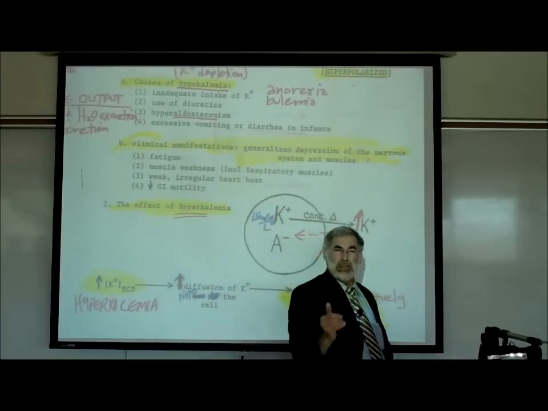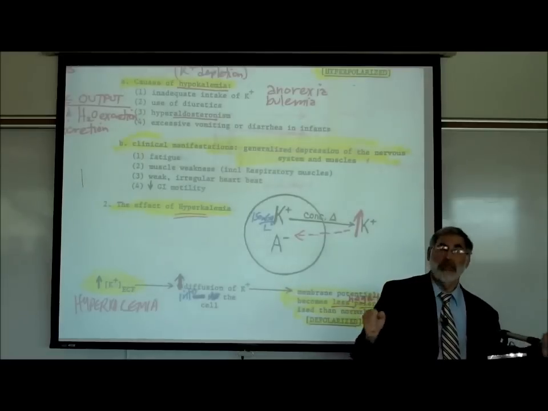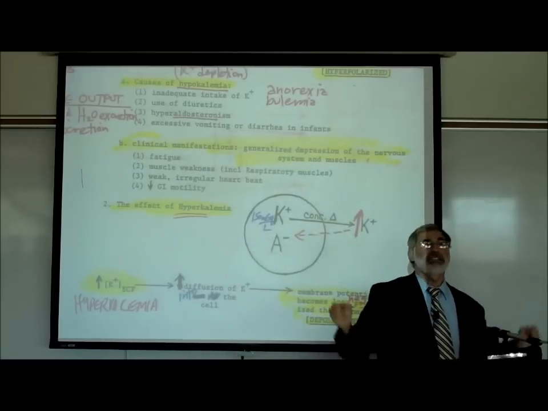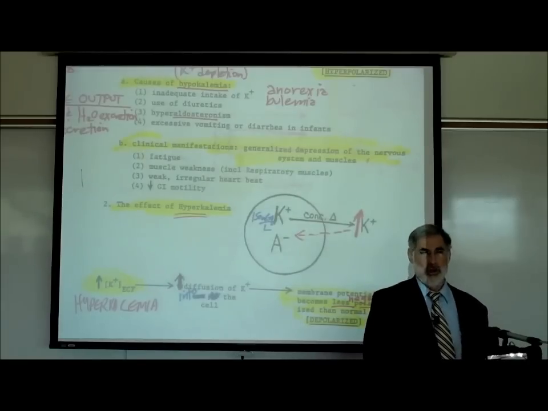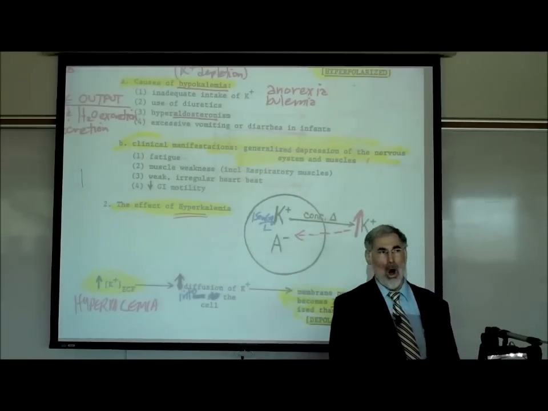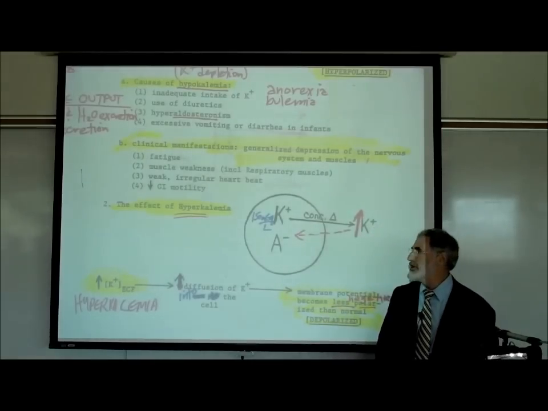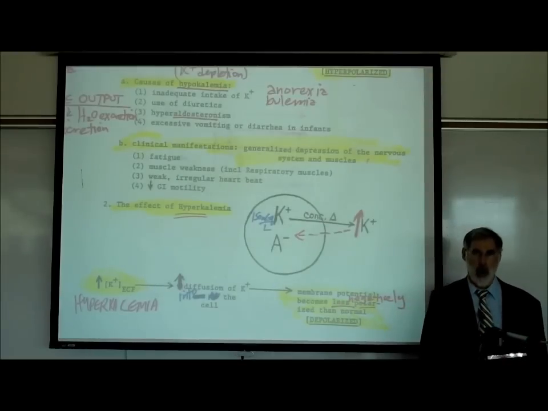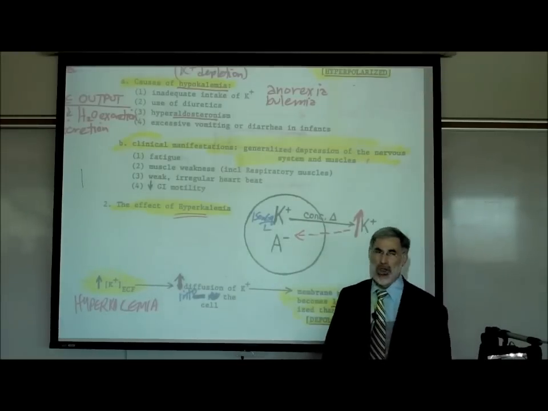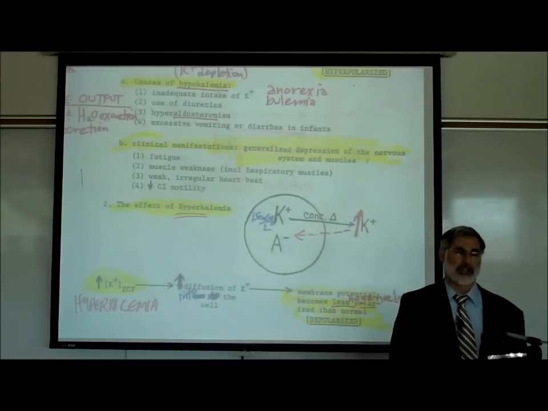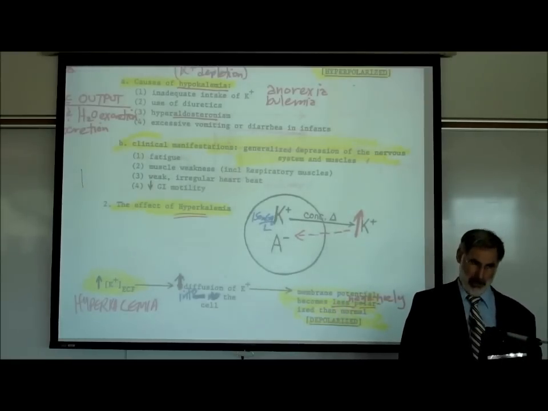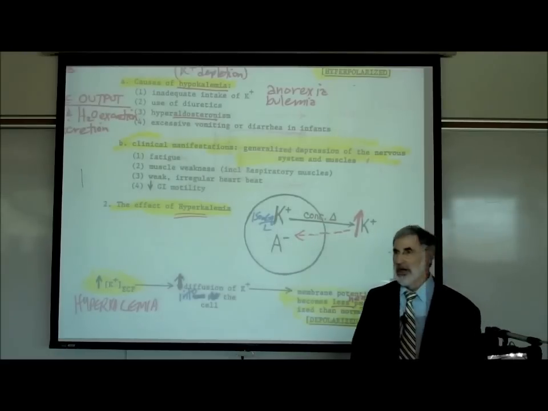The more negatively polarized all the cells in your body become, it causes a slowing down of all activity in the entire body. Everything slows down. There's a slowing of electrical activity in the brain, a slowing of muscular activity, a slowing of GI motility.